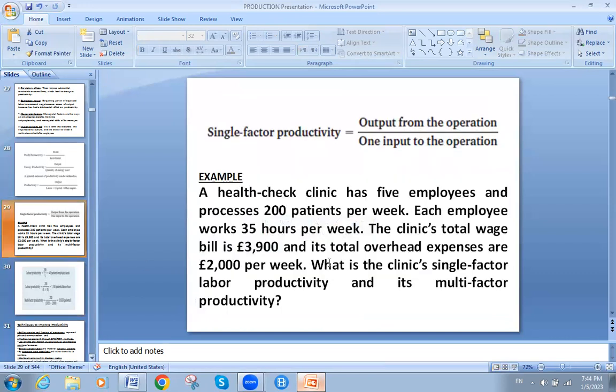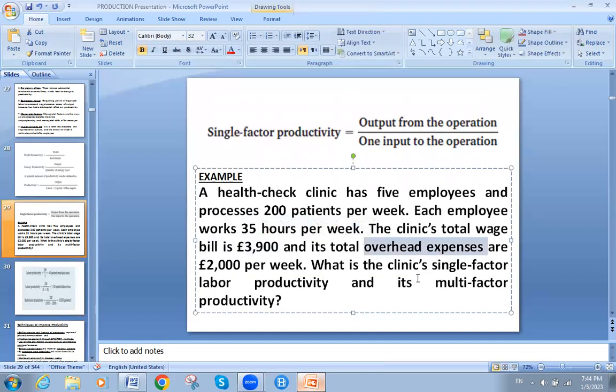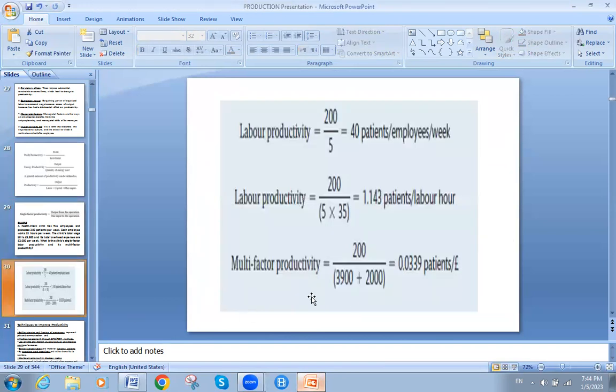These are the overhead costs, the overhead expenses. So with all the costs, the multi-factor productivity will equal 200 divided by this number. That will be for each patient in euro or in dollar or in sterling. Each patient will cost me about 0.033 euro.